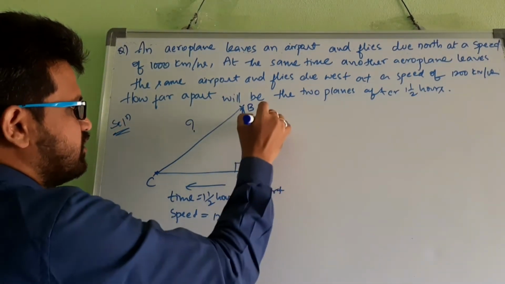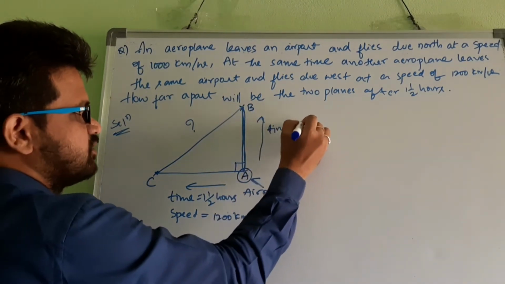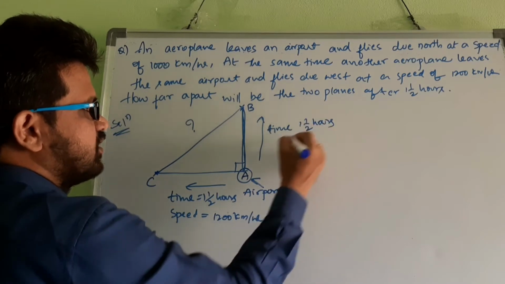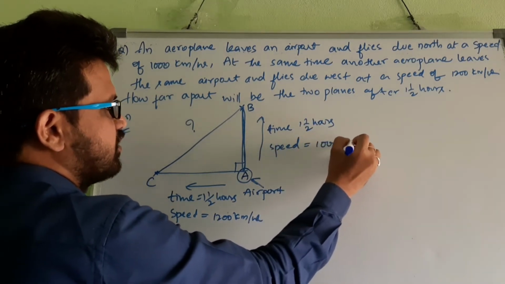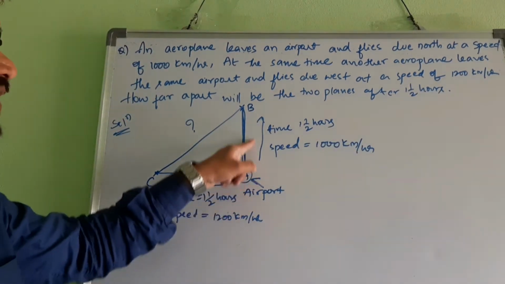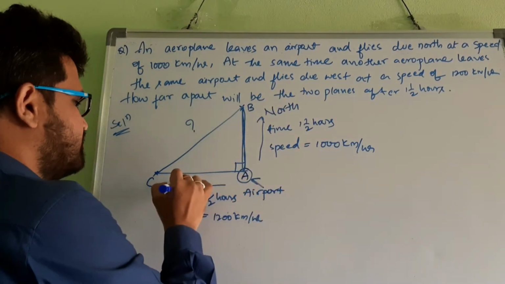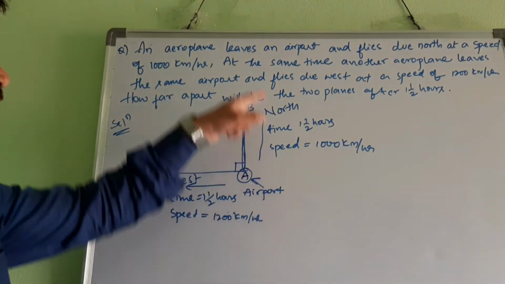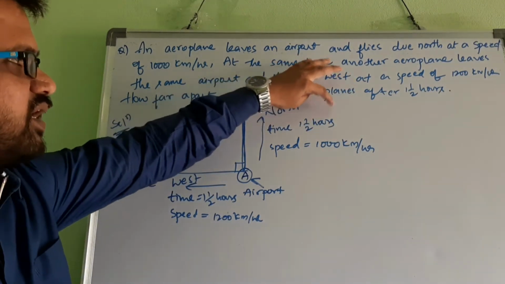And this plane is traveling from A to B. Time is 1.5 hours, and speed is 1000 kilometers per hour. One aeroplane is moving towards north at 1000 kilometers per hour for 1.5 hours.